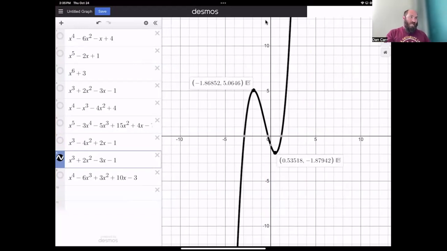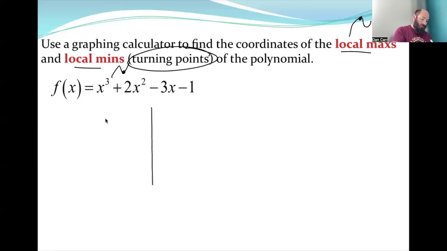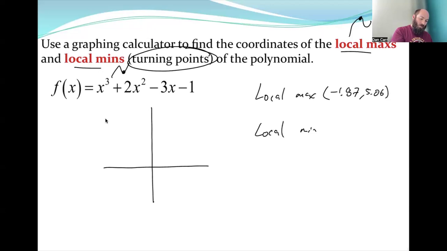So for my purposes here, let's see here. Just got to write that down for myself. So let's go back and we'll just draw a rough sketch of this graph. Okay, we had a local max at negative 1.87, 5.06, and a local minimum at 0.54, negative 1.88.